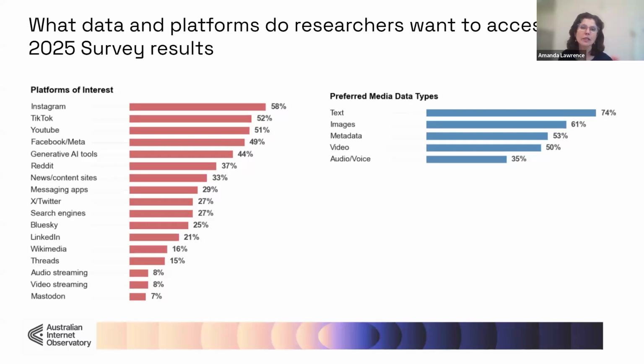While not large, there is also an interest in more obscure platforms for particular research projects. And then text is the most important, valuable, needed media data type, but also images, metadata, video, and audio and voice.